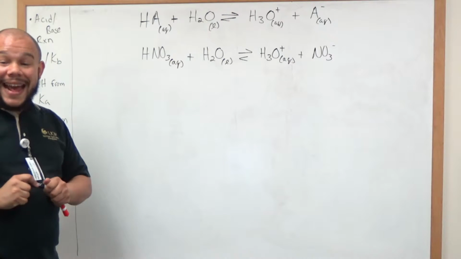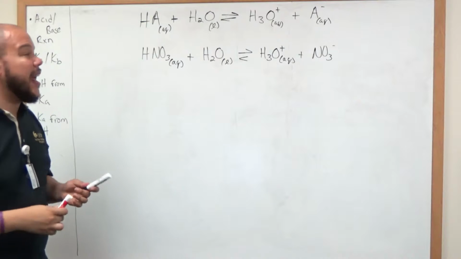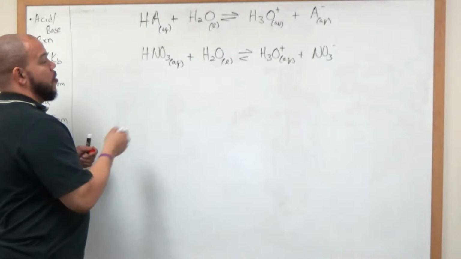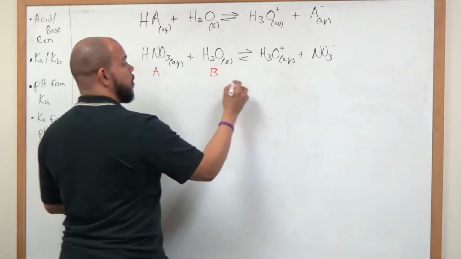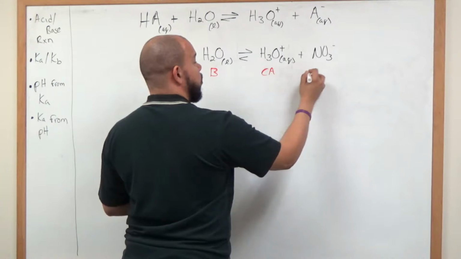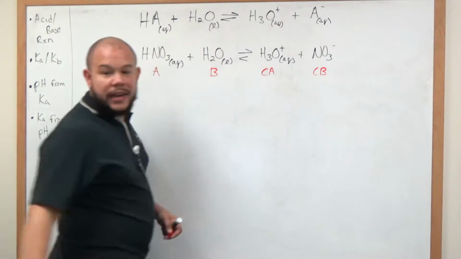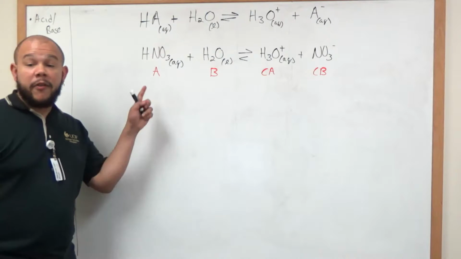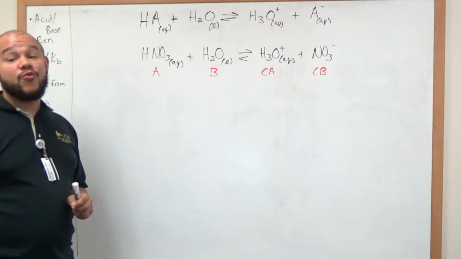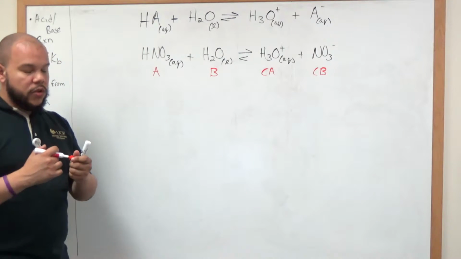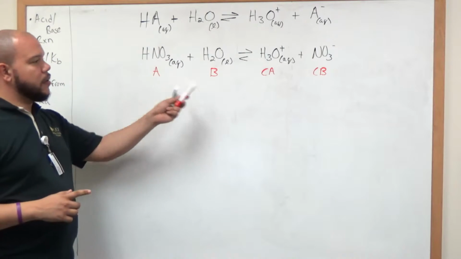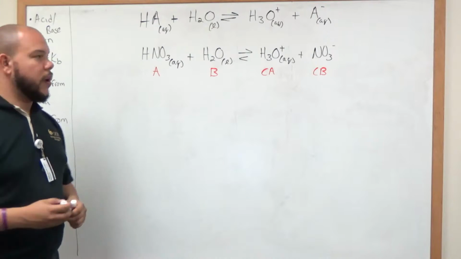We label the acid and the base, along with the conjugate acid and the conjugate base. Nitric acid is the acid in this case, water is the base, hydronium is the conjugate acid, and nitrate is the conjugate base. Remember from our list that nitric acid is a strong acid, so we expect complete dissociation here. So this is the interaction of an acid with water, okay?